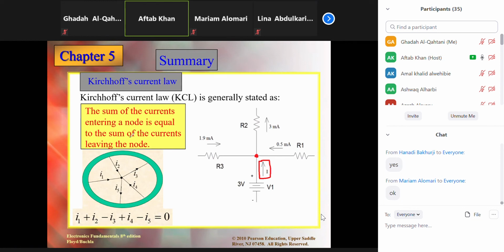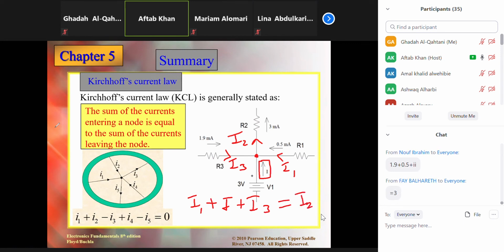So look here, what are the incoming currents? I will write here. Incoming currents, let's suppose it is I3, it is I1, and this one is going out, I2. So just I2 is out, and all the others are incoming. So it means I1 plus I plus I3 is equal to I2. I2 is just the one which is going outside.